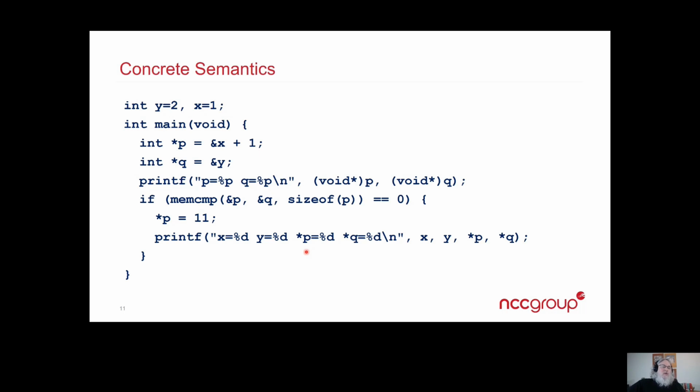Looking at the code again, what you'll see is that p and q are going to refer to the same storage, the storage identified by y, which has been initialized to 2.